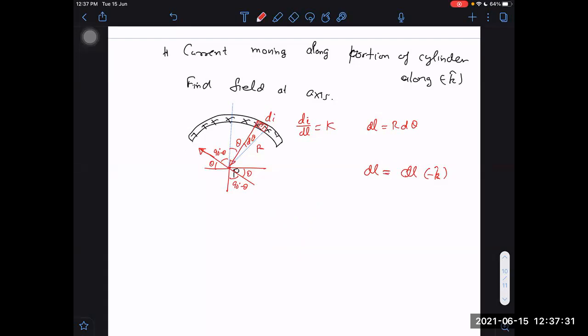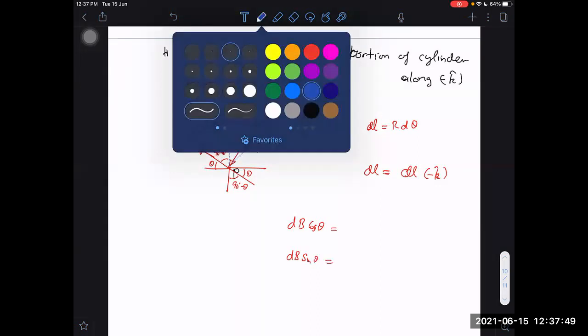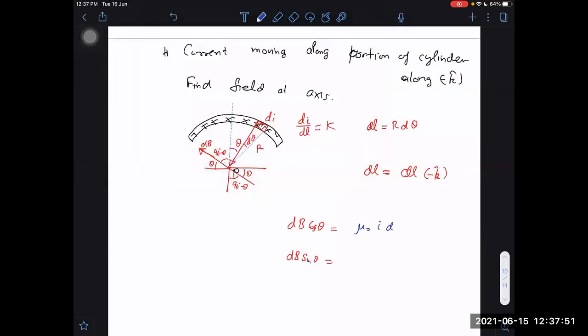Anyway, now if dB is known to us, then what will be dB cos theta and dB sin theta? Can you obtain these values? Mu naught into I into dl upon 4 pi R square. Not ideal.